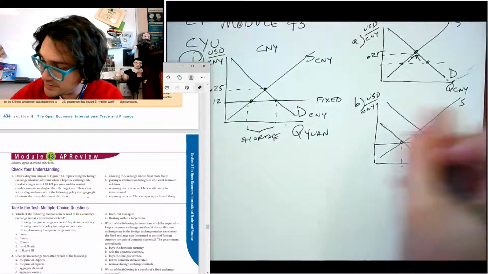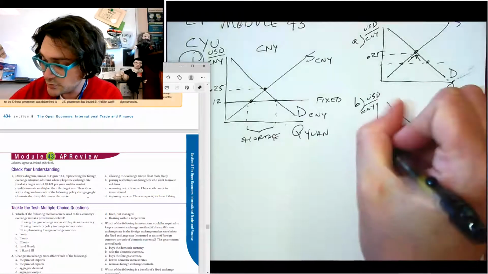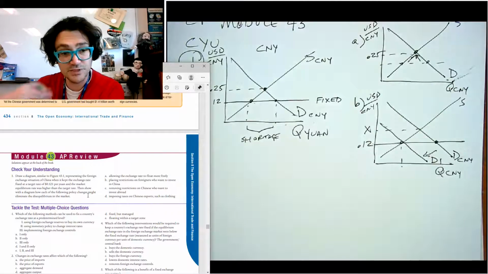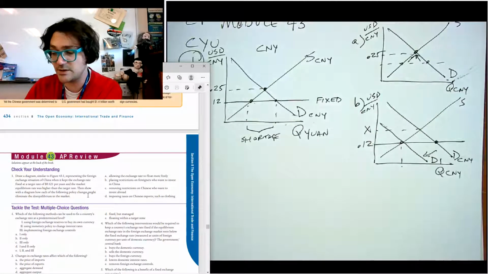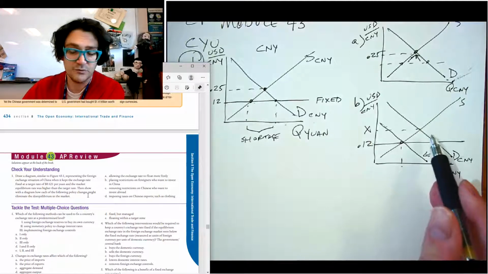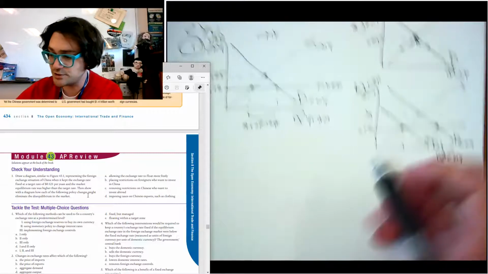And so the new equilibrium is no longer that 25 cents. The new equilibrium is the 12 cents. So if we restrict foreigners from purchasing our stocks, bonds, and real estate, it can push down the demand for our currency if we're China, and actually clear that shortage.